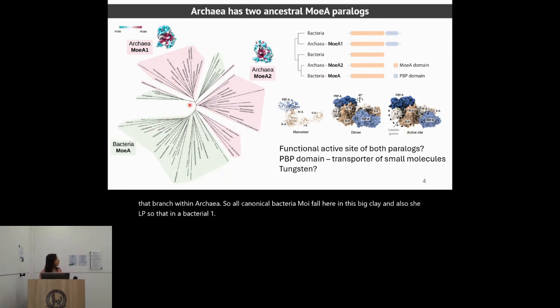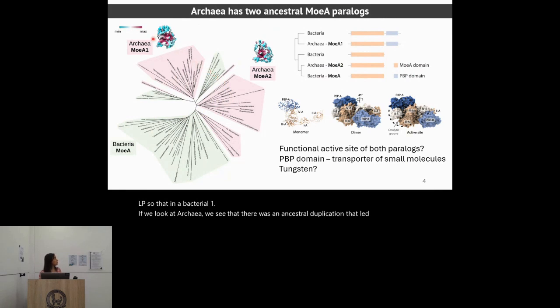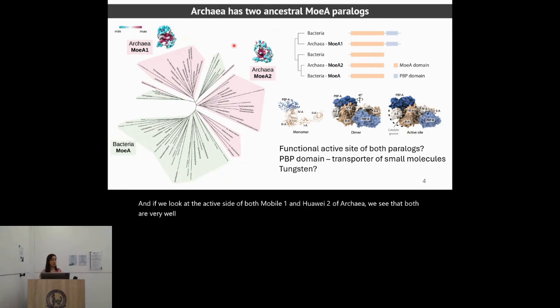If we look at archaea, we see that there was an ancestral duplication that led to the existence of these two paralogs, MoeA1 and MoeA2, that remained during billions of years of evolution. And if we look at the active site of both MoeA1 and MoeA2 of archaea, we see that both are very well conserved, so in principle, the catalytic activity is maintained.